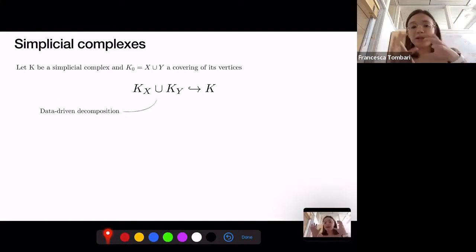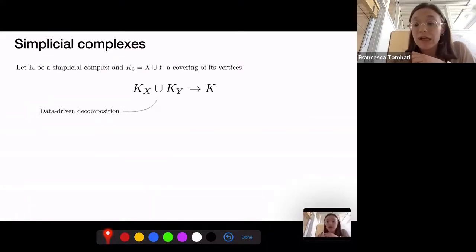If we take the union of these two, the homotopy type of this union is not going to be the same, in general, as the homotopy type of the Vietoris-Rips complex of the total space. And this is exactly the same problem, but stated in general for a generic simplicial complex.